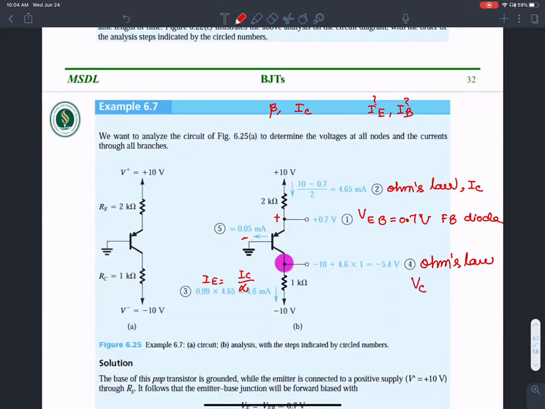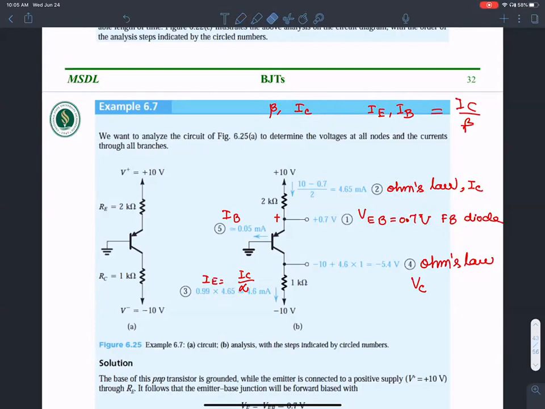Find the value of VC. Once we find VC, the fifth step is simply finding IB. I have IC and I have beta. Divide IC by beta, you get IB.